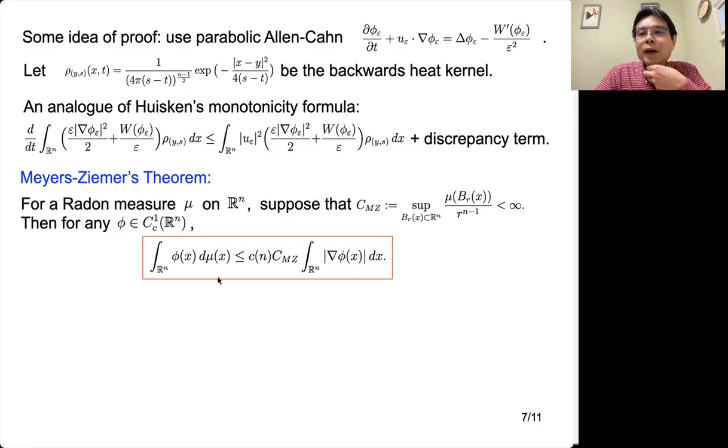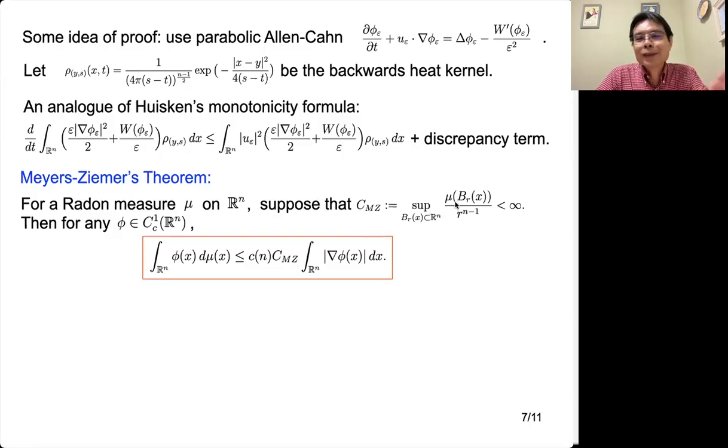So you can bound a trace integral on the boundary, for example, in terms of the gradient, integrated with respect to the Lebesgue measure, as long as you have this quantity bounded.